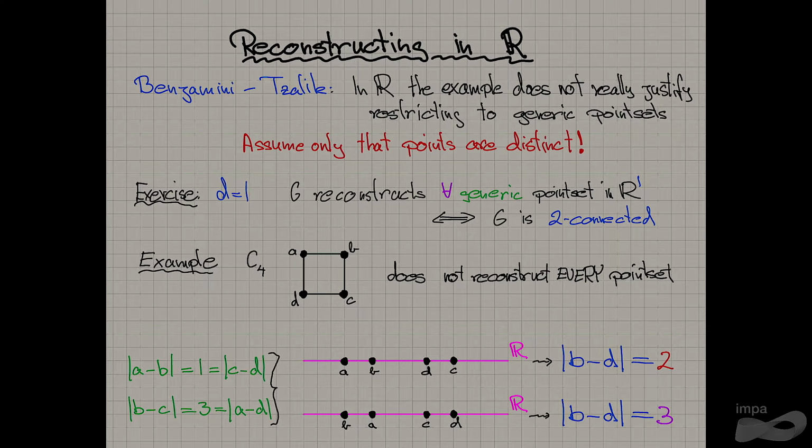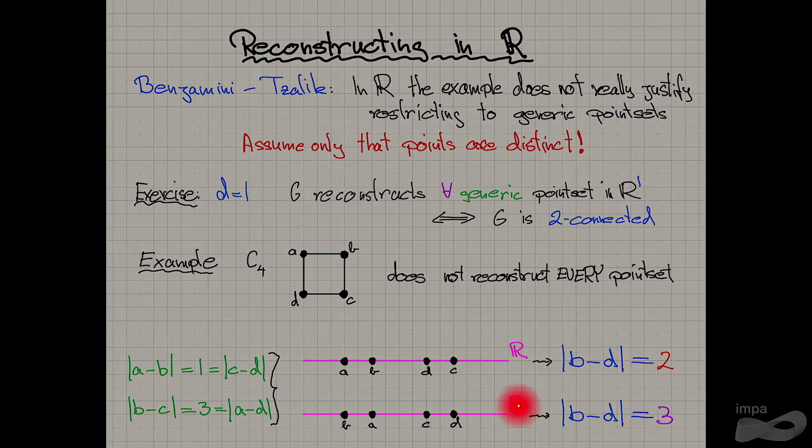So in this example, if you see this A, B, and C, D, and then you switch them up, then the edges of the cycle have the same length for both embeddings.